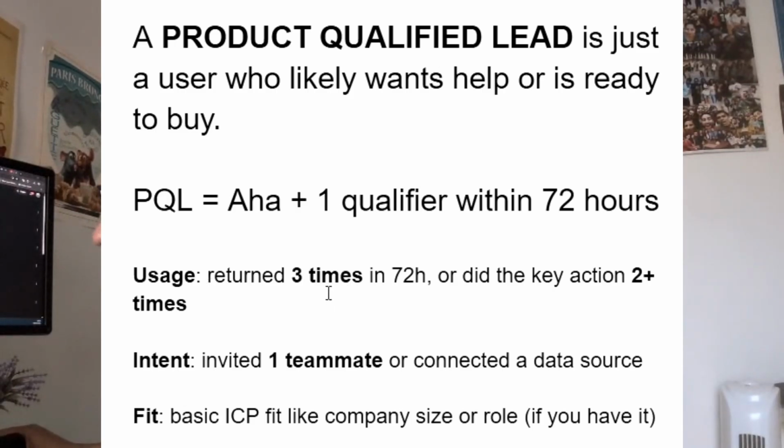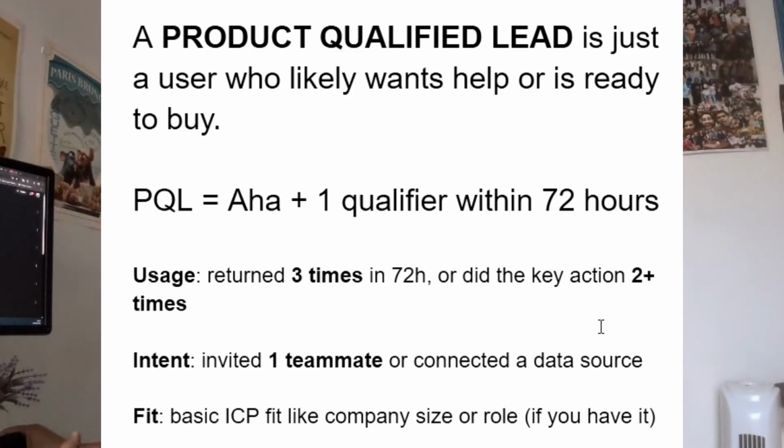In terms of usage, they probably returned 3 times to your product or features in 72 hours and did the key action probably more than 2 times, reaching the aha moment. Or maybe they invited one teammate or someone from another team, or connected a new data source to your tool or platform or your feature.